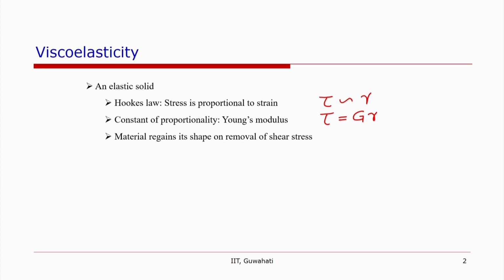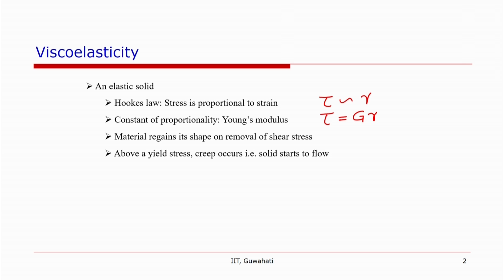So, that energy helps the material in regaining its shape. But after a certain yield stress, creep occurs, that is, the solid material starts flowing. So, that is what elastic behavior is, which is shown by solids, and it is generally a property of solids.